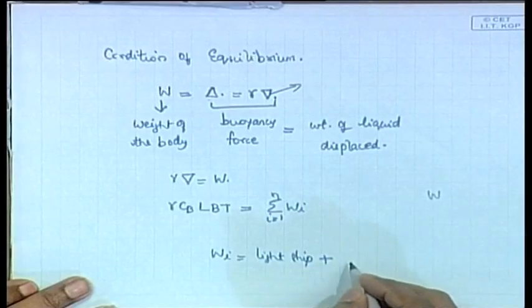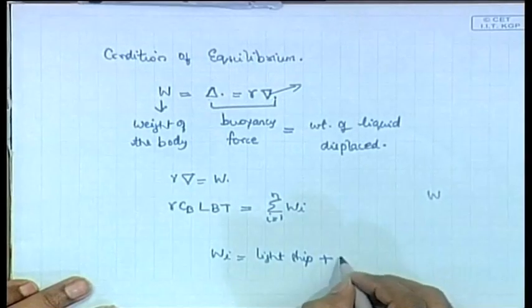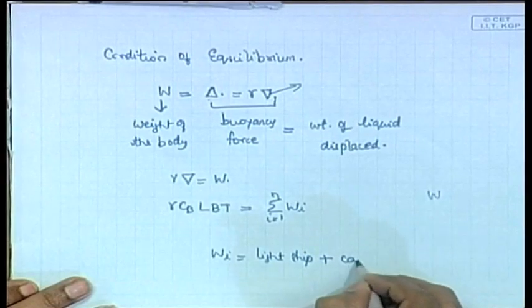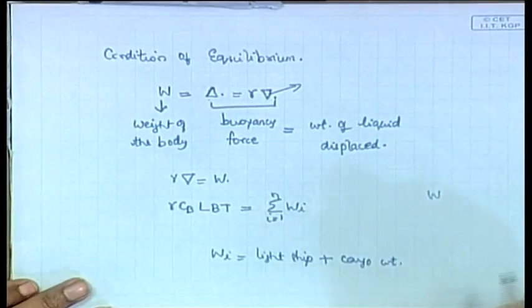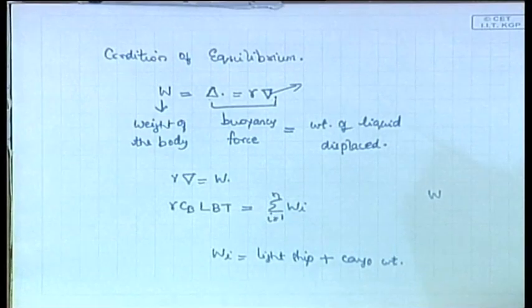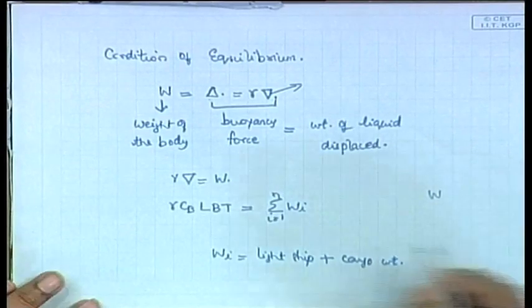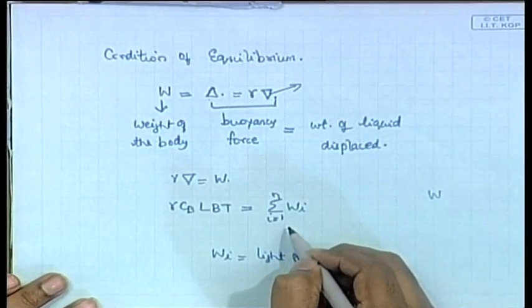If you consider all those, that is known as a light ship, okay, and to that you add different weights like cargo weight and other weights, and so what you have here is actually the sum of the weights, the total weight of the ship.